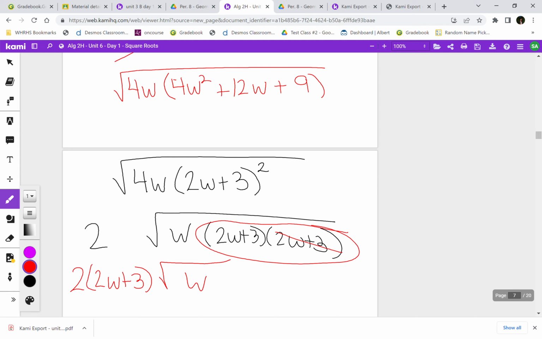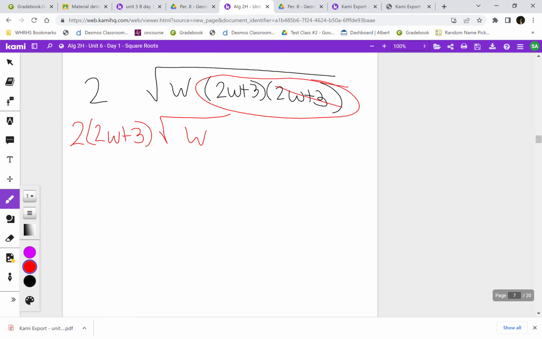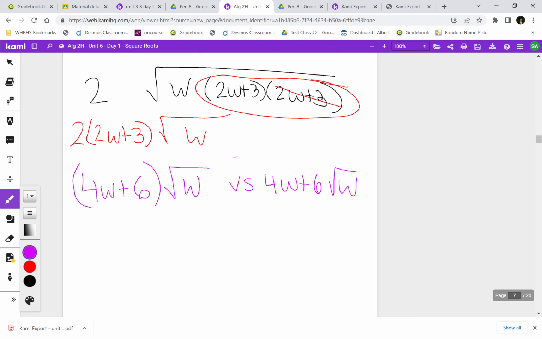If you distribute it in, which is also good, you're going to get a 4W plus 6, and then you have root W. But, big but here, the 4W plus 6 must go in what? Parentheses. Why must the 4W plus 6 be in parentheses versus this? Arish?